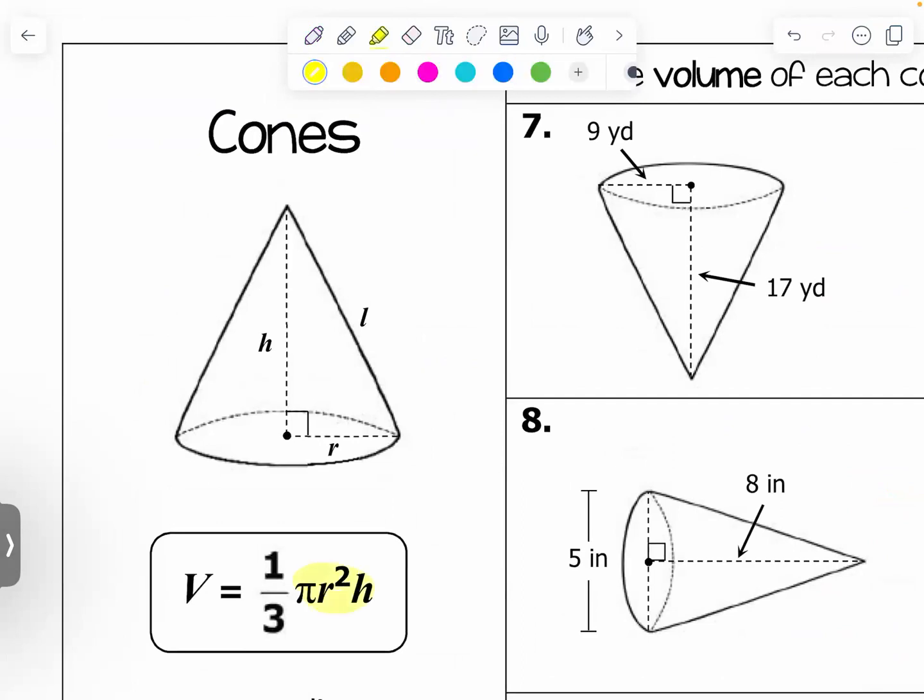Our cylinder has pi r squared h for its volume, but the cone is going to be 1/3 pi r squared h. The thing we need to be careful of here: if they give you the slant height, that's great for surface area, but we need the cone height for our volume.